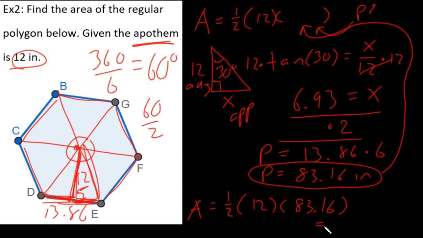Let me grab my calculator. Times 12 times 0.5. We get 498.83 inches squared. And this will, of course, be the area of our regular polygon.